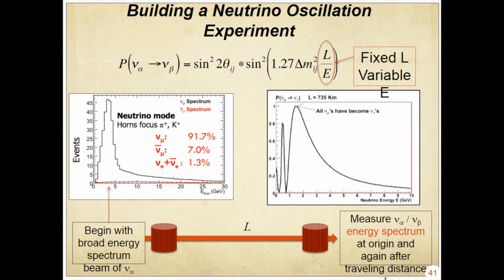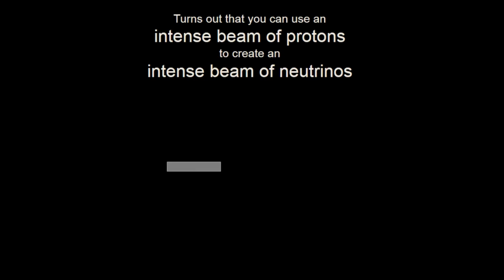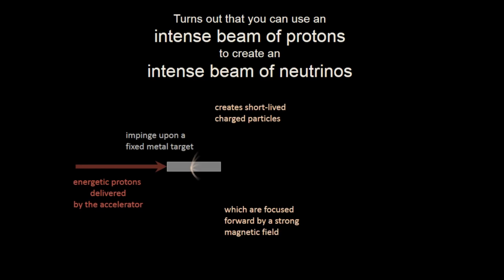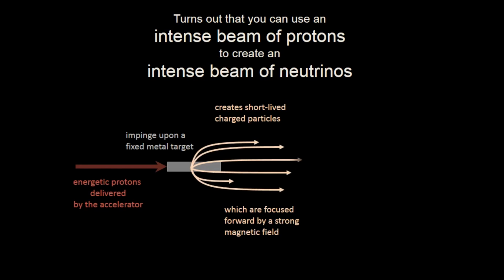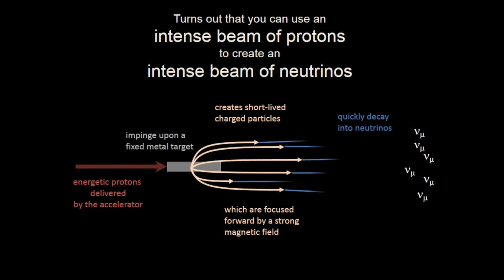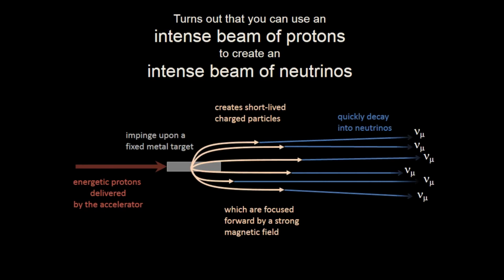To create a neutrino beam is actually pretty straightforward. If you take an energetic beam of protons and smash it into something, it will make a spray of other short-lived exotic matter, in particular things we call pions. It's just a different configuration of quarks. And what do I say that anything that isn't neutrons, protons, and electrons does as soon as you make it? It decays down into something more stable. When they decay, they make neutrinos.